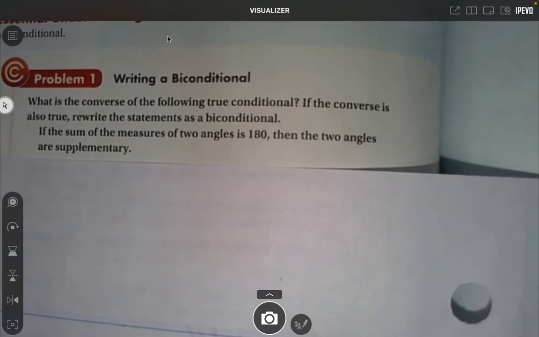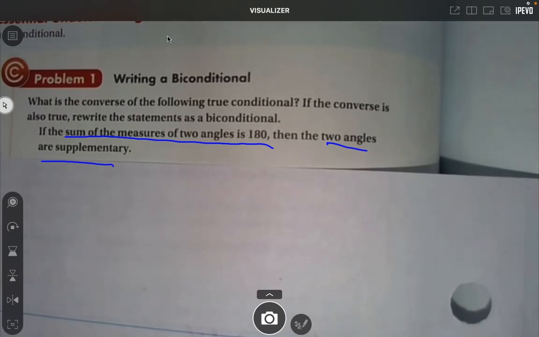So they already told us the first statement is true. If we flip it around to if the two angles are supplementary, then the sum is 180, that would be my converse statement. I'm flipping it. Is that true? Yes, it is. So since they're both true, we can rewrite it as a biconditional.